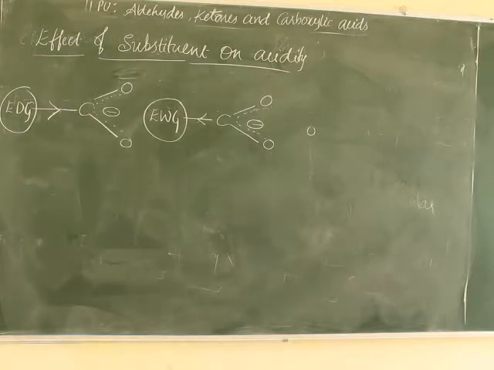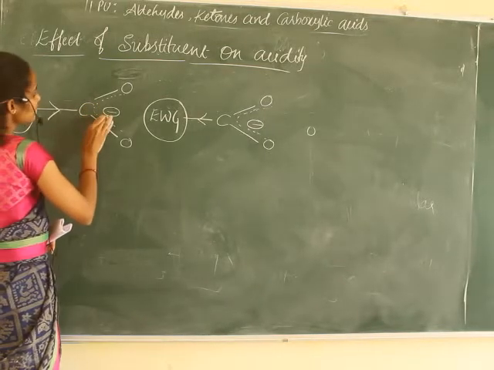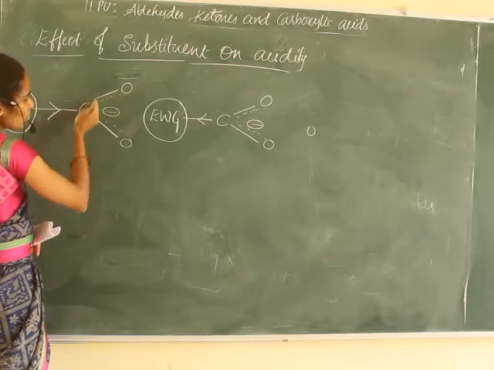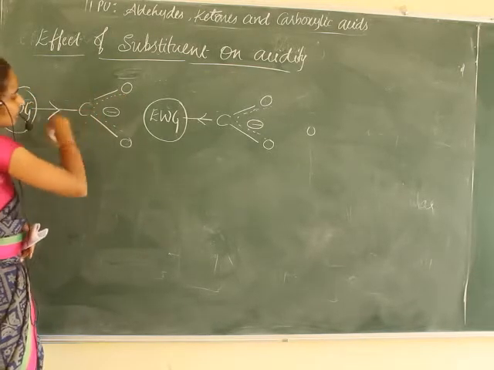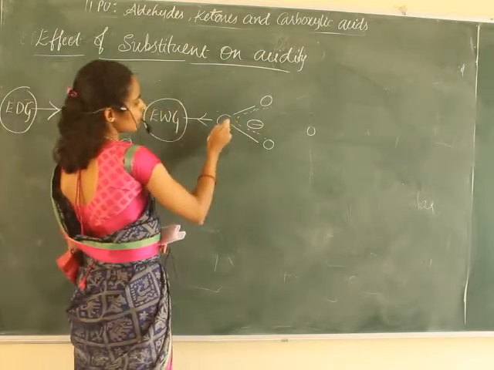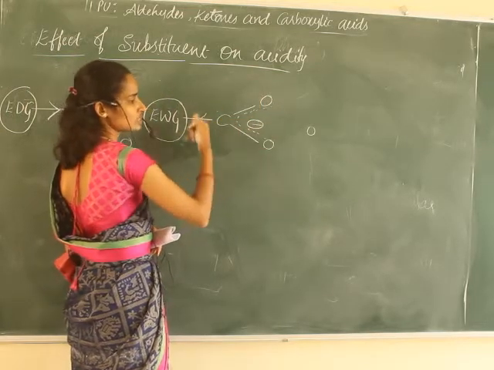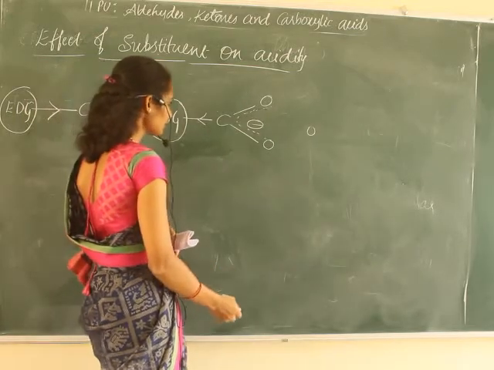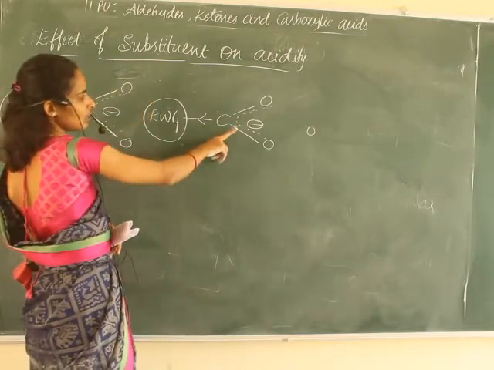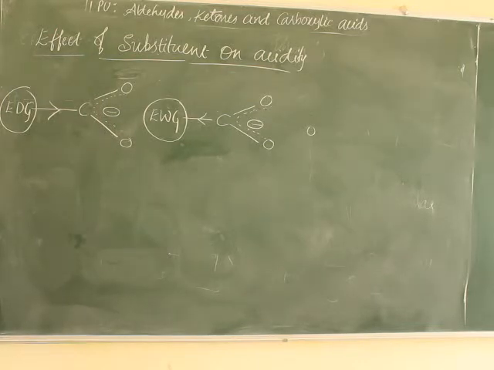If it donates electrons, the electron density increases and the delocalization decreases, since the availability of electrons is more. If it withdraws electrons, the electron density decreases and the delocalization of the negative charge increases, right? And it increases the acidity. Hence, an electron withdrawing group increases the acidity of carboxylic acid and a donating group decreases it.